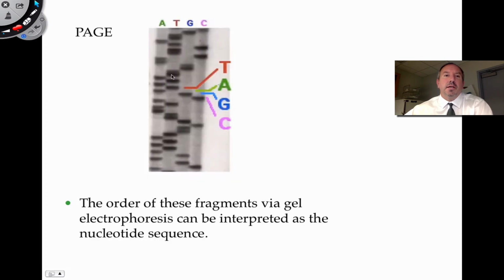Again, this is using a polyacrylamide gel electrophoresis, or PAGE. You can literally go, okay, there it is, C, G, and then there's an A, and then there's a T, and you can move it up. So the order of the fragments on the gel are interpreted as the nucleotide sequence when you go from smallest to largest. Pretty cool.